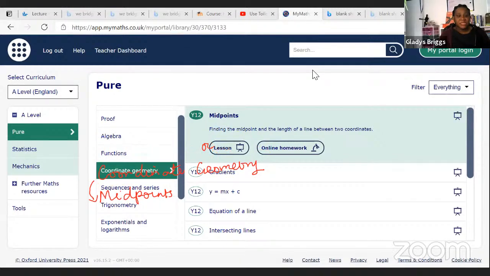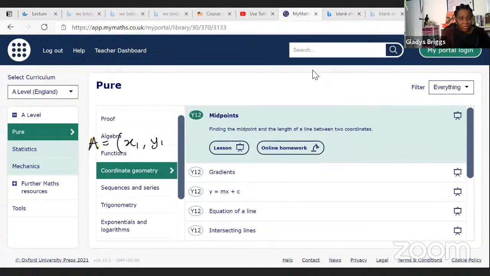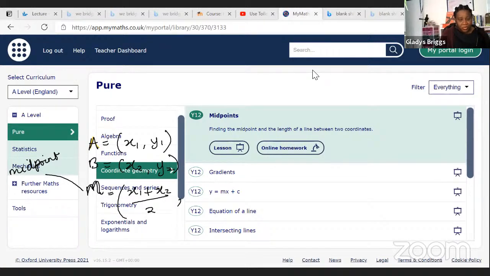So if you have any line, such as the line AB, then for any line AB, if A has coordinates x1, y1, and B has coordinates x2, y2, then the midpoint M is equal to x1 plus x2 divided by 2, y1 plus y2 divided by 2.